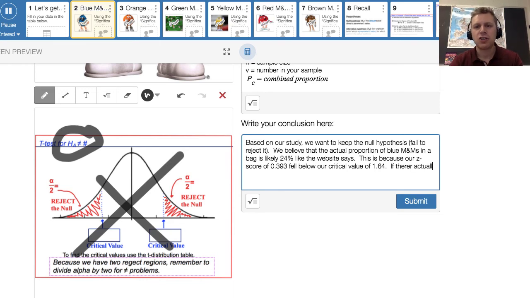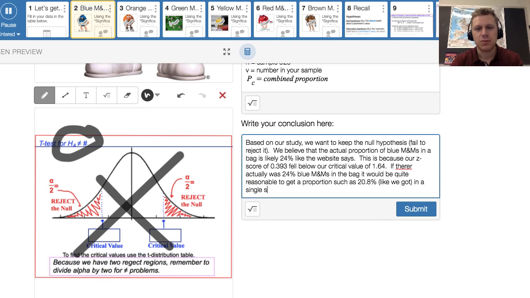If there actually was 24% blue M&Ms in the bag, it would be quite reasonable to get a proportion such as 20.8%, like we got in a single sample.